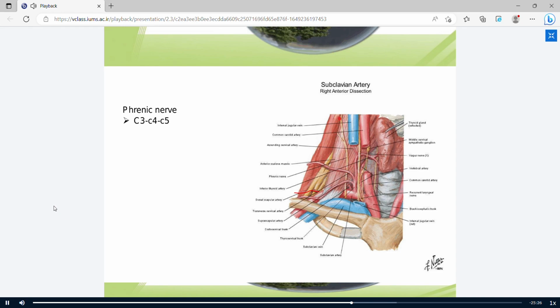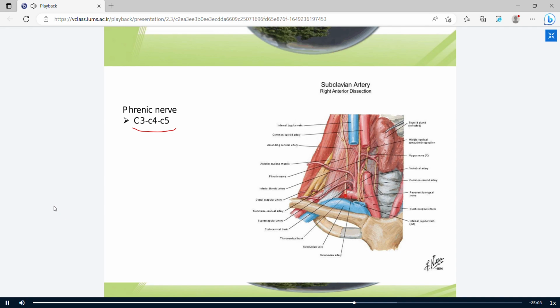This is the phrenic nerve. The component that passes in the neck passes anterior to the anterior scalene muscle, and the phrenic nerve is formed by C3, C4, and C5 spinal nerves.